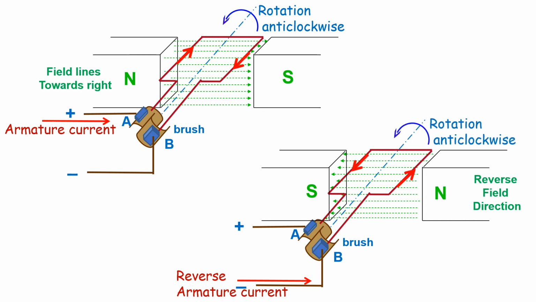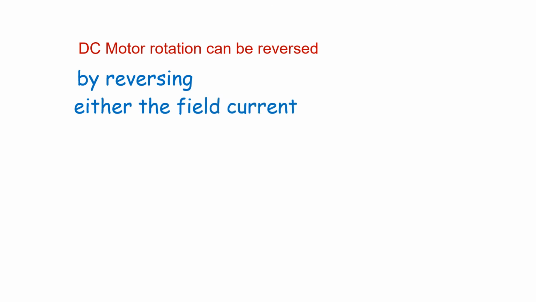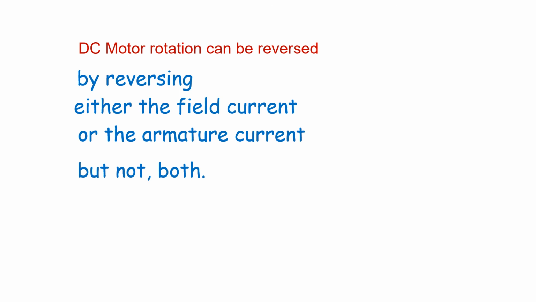For this case, the rotation is again anti-clockwise only. That means the direction has not reversed. So when you change the field direction and also the armature current direction, the rotation will be same as before. DC motor rotation can be reversed by reversing either the field current or the armature current, but not both.